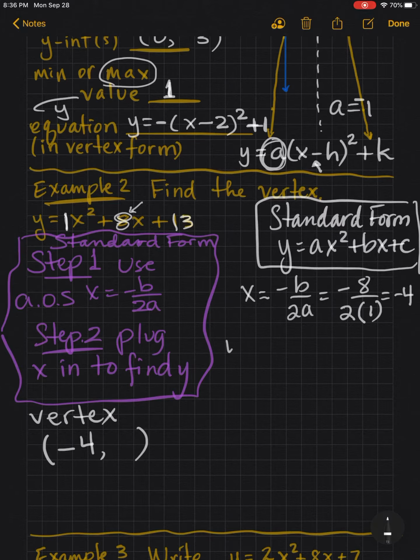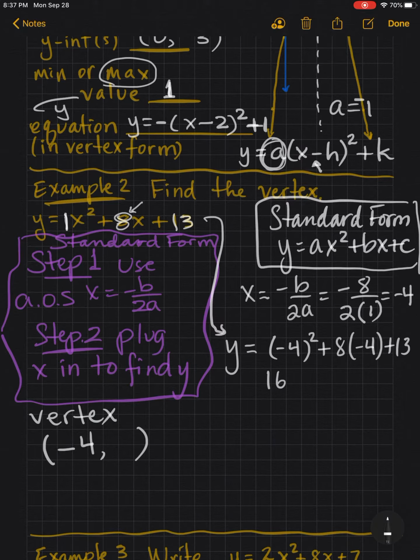Now I just got to find the y, so I can take the equation and plug x in for all the x's. So that would be negative 4 squared plus 8 times negative 4 plus 13. Negative 4 squared is 16.